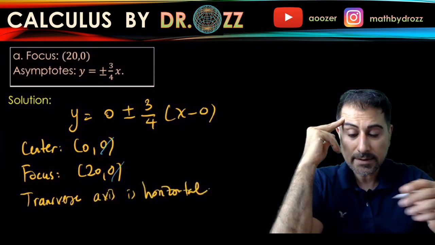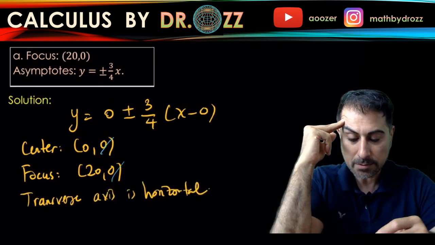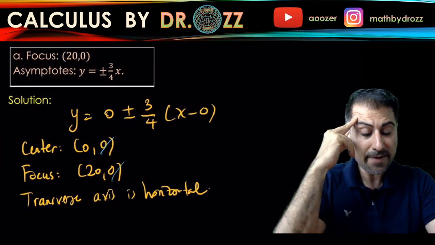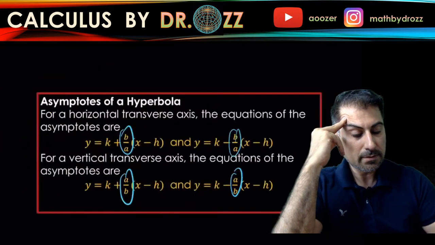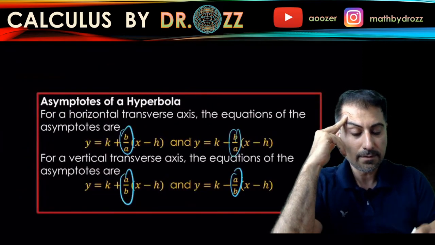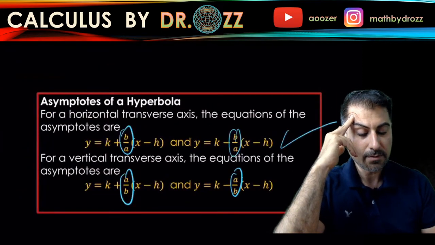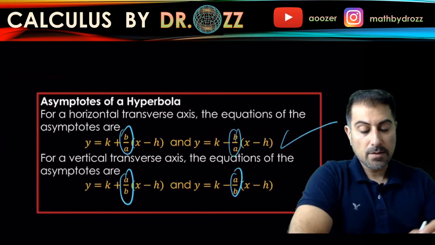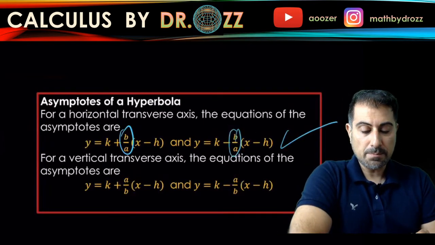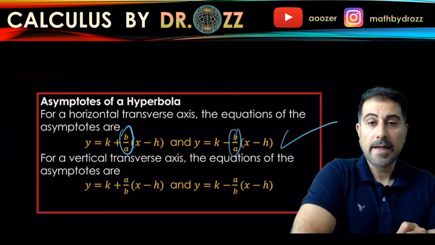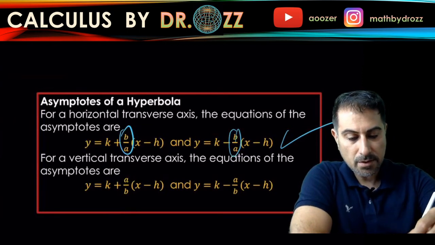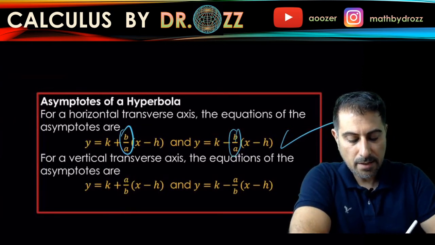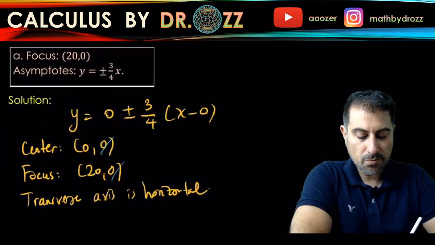When the transverse axis is horizontal, going back to the form of the asymptotes, we are in the very first case. The slope is written as b over a. The slope of the asymptotes is b over a, so b over a should be 3 over 4.